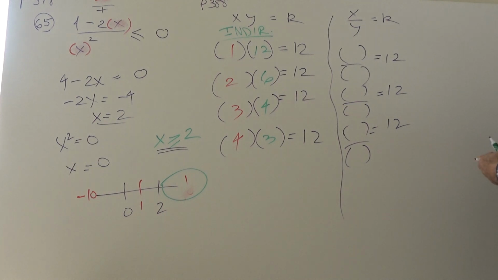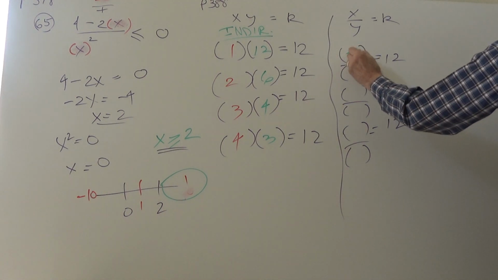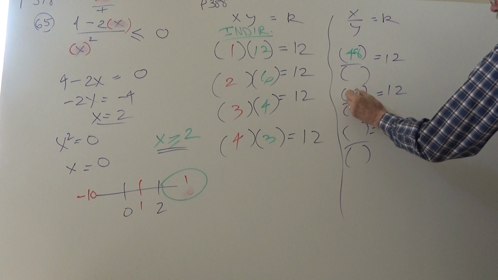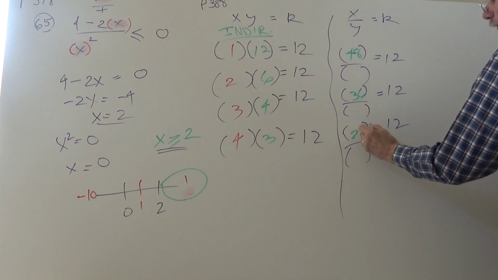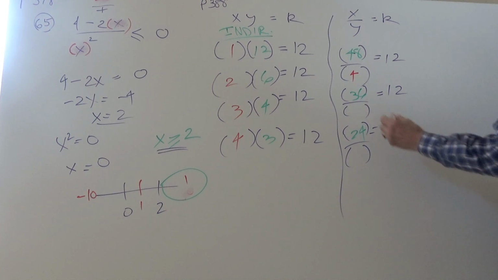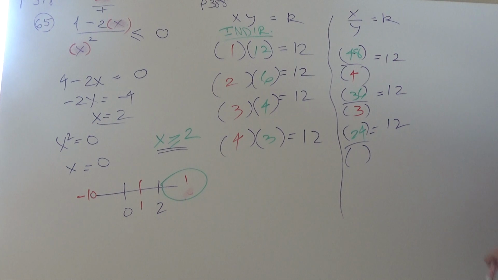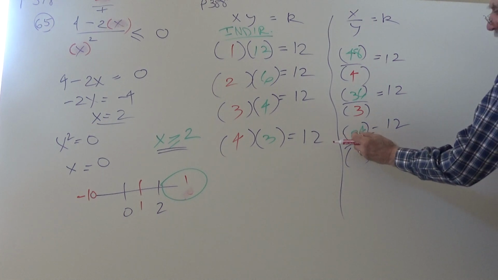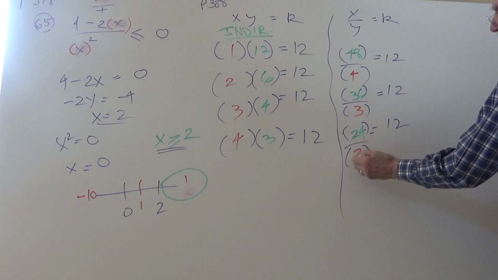Let's let x here be 48, and then 36, and then 24, okay? Looking at the top one, if x is 48, what number do we have to divide 48 by to get 12? That's obviously a 4. Here 36 is x, what do we need for y to get 12? How about a 3? And then lastly 24 for x, we need to divide by 2 to get that to be 12.